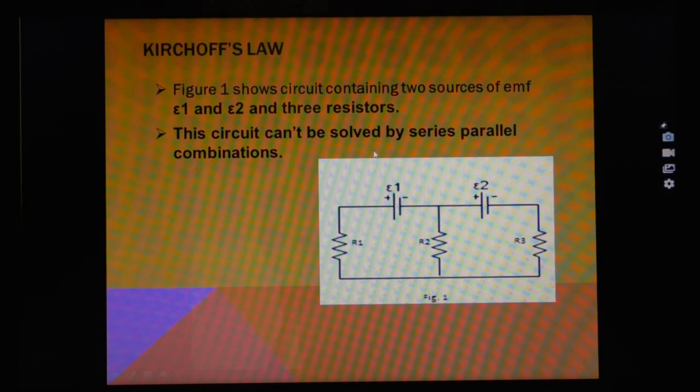This circuit cannot be solved by series and parallel combination. We are unable to apply the rules for series or parallel combination of resistors, or a simple Ohm's law, that is V equals IR, directly to solve the problem.